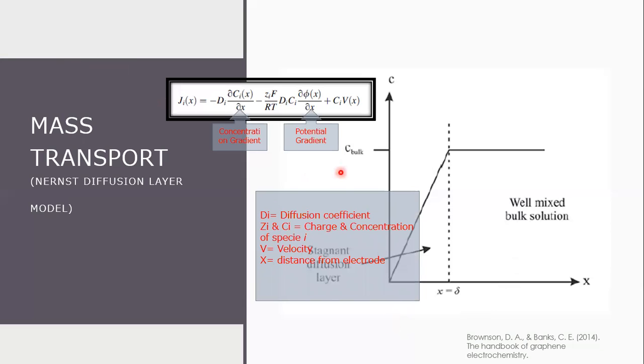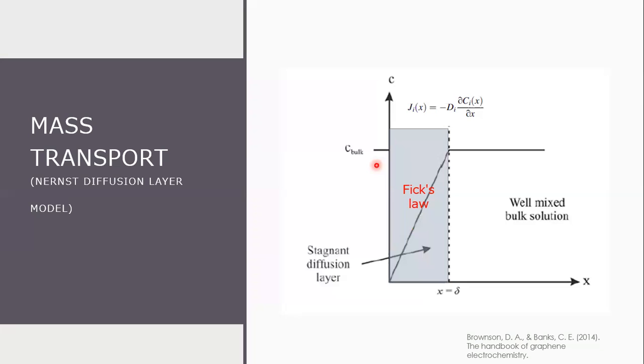So this is the Nernst equation that defines the process of diffusion at the interface. And this is your concentration gradient. This is your diffusion coefficient. And this is your potential gradient. So it takes into account the distance from the electrode, and on the basis of it, the concentration gradient and potential gradient, both are taken into consideration for a general bulk solution mass transport.